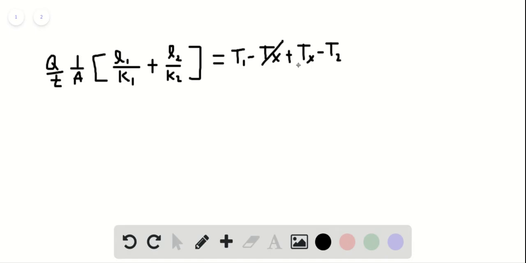Well, the Tx's are obviously going to cancel here. So this is equal to T1 minus T2.